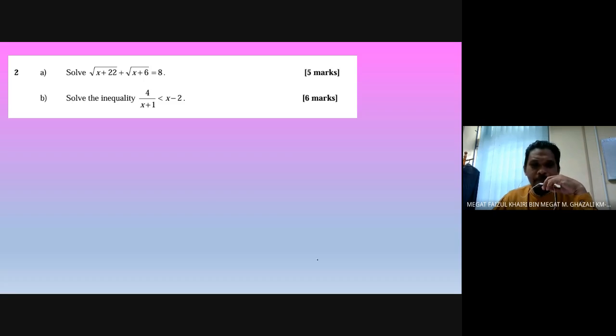Okay. So 4 divided by x plus 1 less than x minus 2. Okay, so this is an inequality, ketaksamaan.